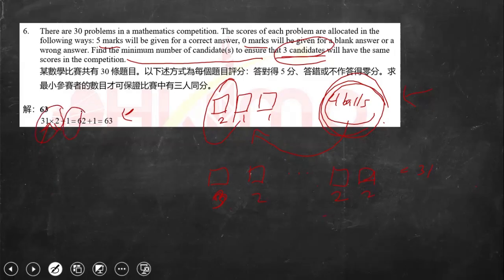So you're going to fill 31 scores with 2 students each. Does that make sense? In the 31 scores, 2 students have the same score. And then you're going to add 1 for the one that has 3. So that's how we find the minimum number of candidates to ensure that 3 candidates will have the same scores.